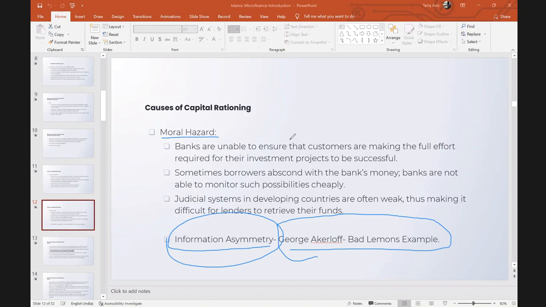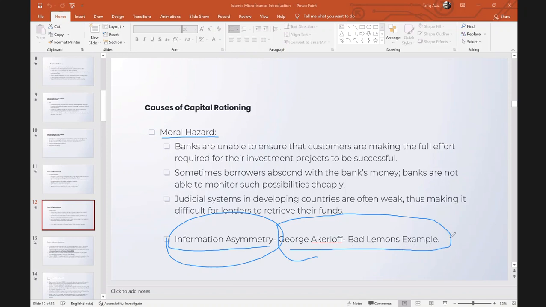Everybody will start selling bad quality products, because customers are not able to differentiate between good and bad. So the bad quality products will drive out the good quality products from the market.